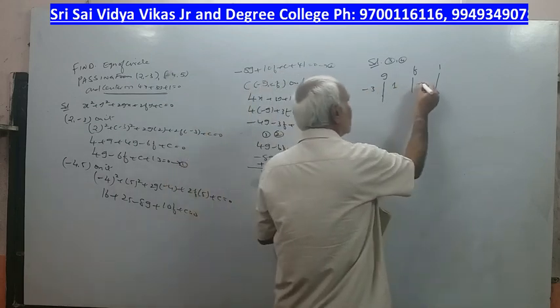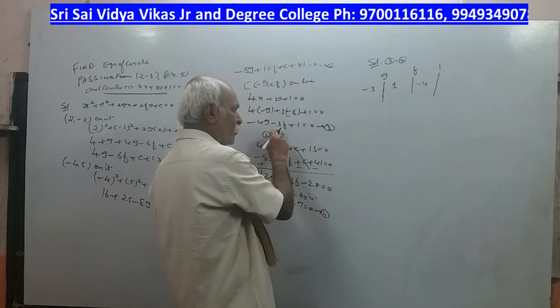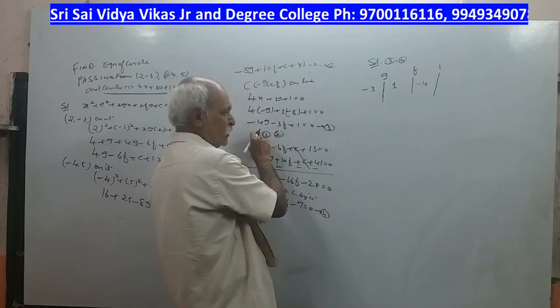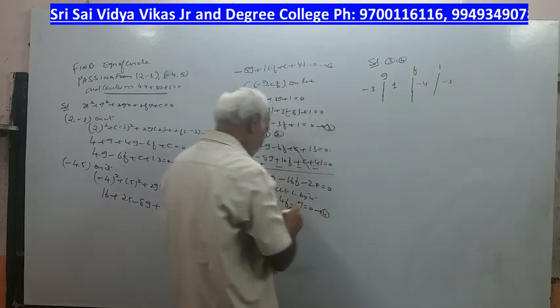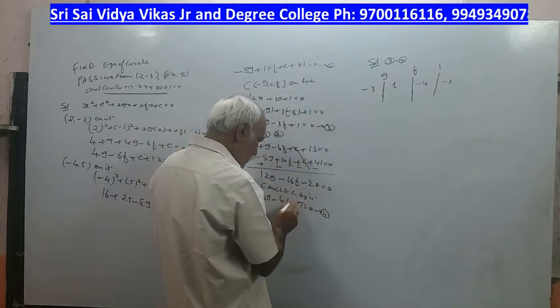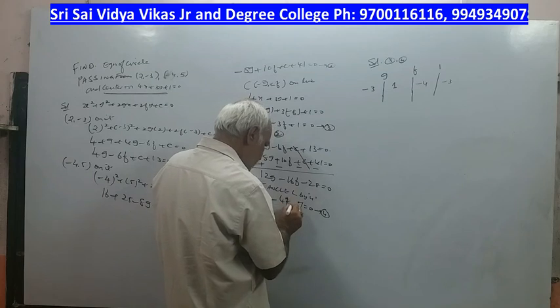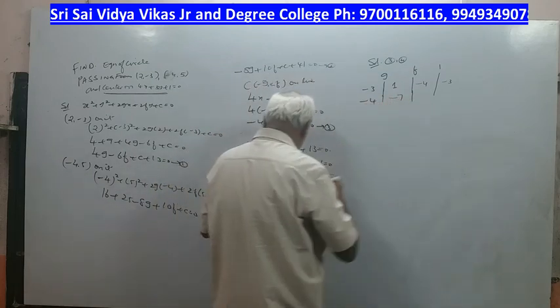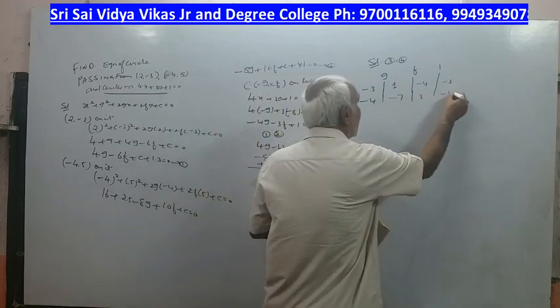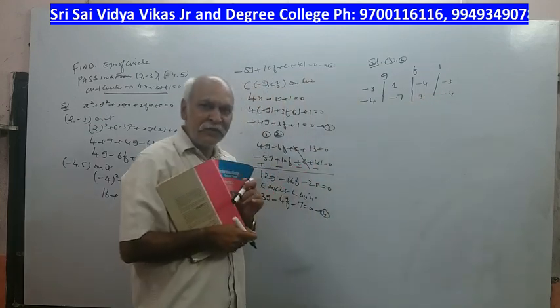Again g coefficient, minus 4. f coefficient, constant, g coefficient, then minus 3. Next, fourth equation: f coefficient minus 4, minus 7, 3, minus 4. Remember, this method is very, very important.